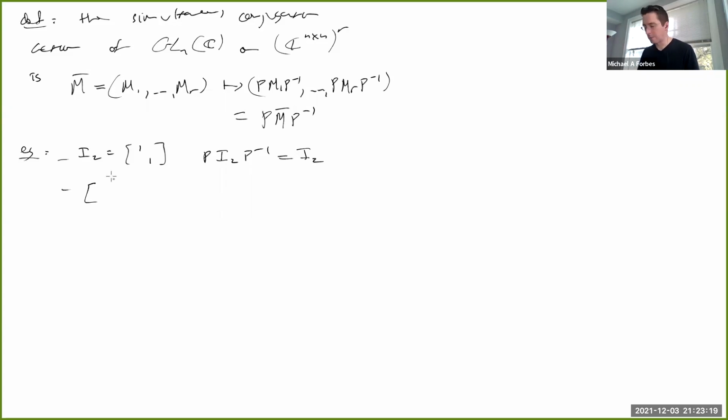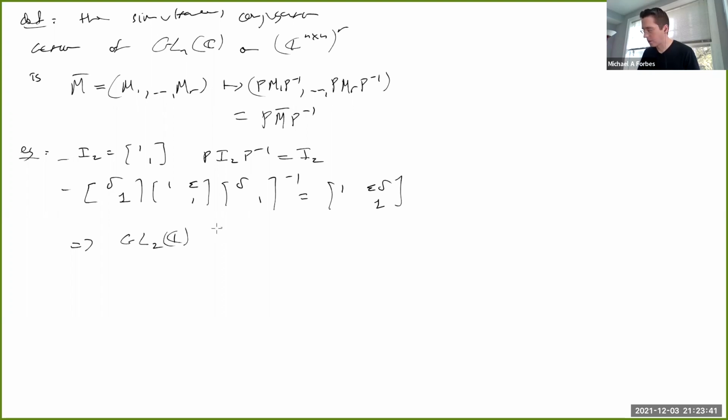But if we take, for example, the following conjugation, we have this matrix and we conjugate it by these two matrices. This is actually equal to the matrix with 1, epsilon delta, 1. And so this implies that if we look at the GL2 orbit of this point, 1 epsilon 0 1, for epsilon not equal to 0, then this is just all the matrices of the form 1, something different than 0, 0, 1.